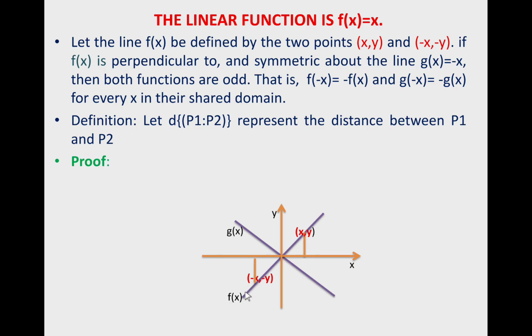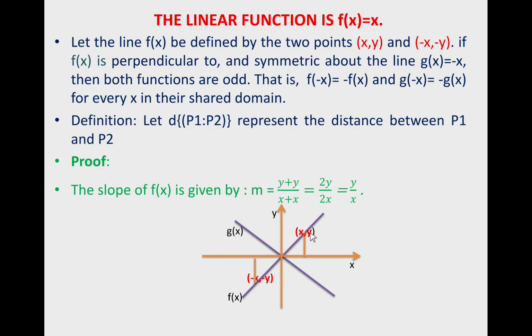Now, to prove that f of x is an odd function, what we have to do is get the slope of f of x. So the slope of f of x, since we have 2 points here, it will be the difference between the y coordinates divided by the difference between the x coordinates.